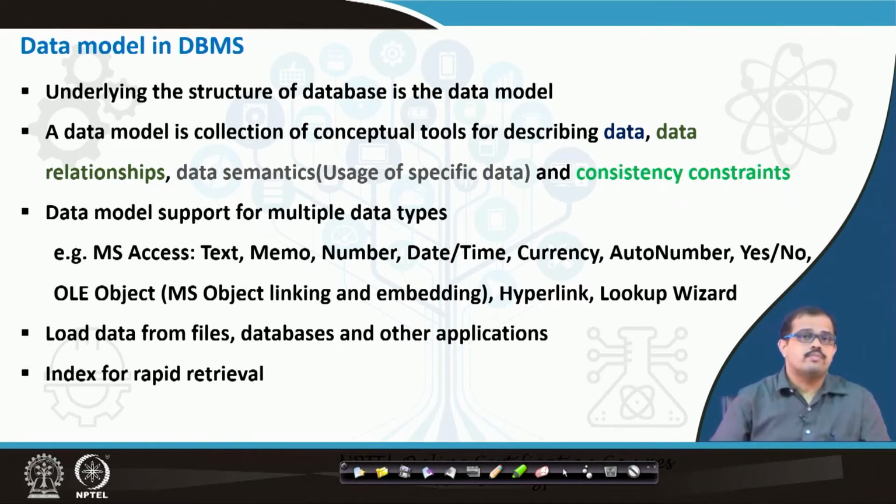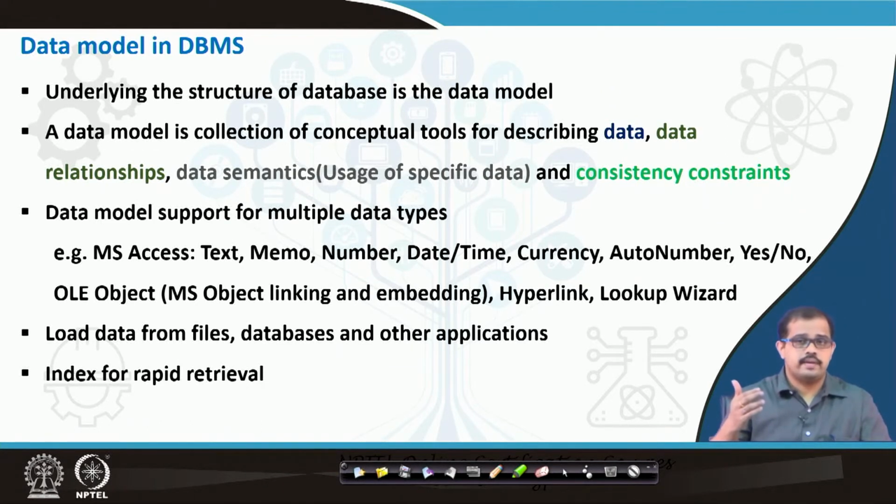When I say a data model, it has support for multiple data types. For example, in MS Access you can have text, memo, numbers, date, whatever. If you use MS Access, most of this can be done, whether it is qualitative, quantitative, ordinal data, whatever kind of data you want to put in can be put in such databases.